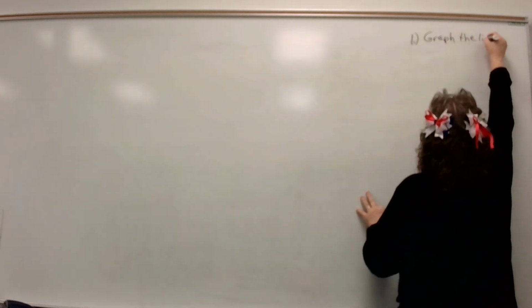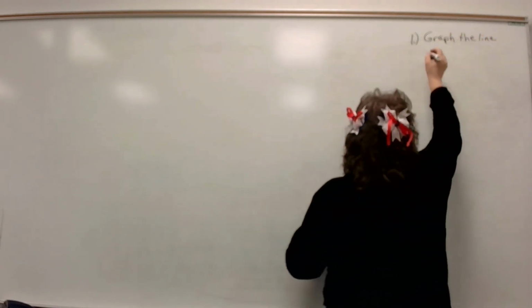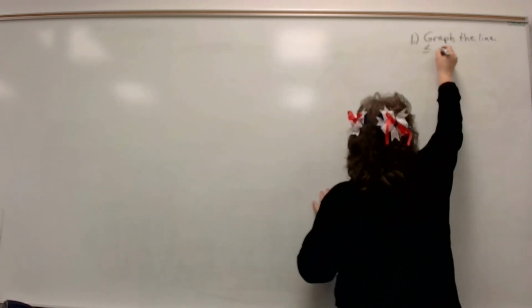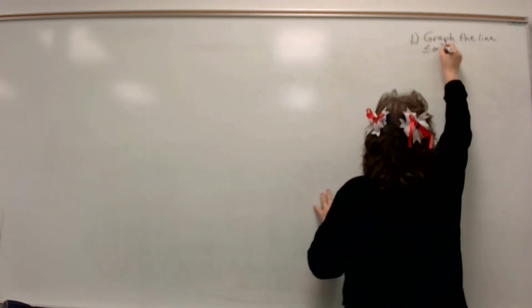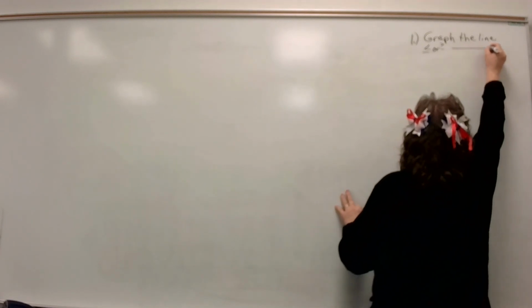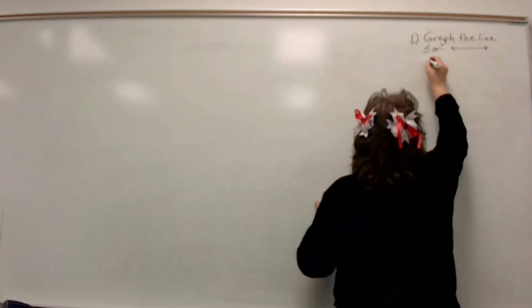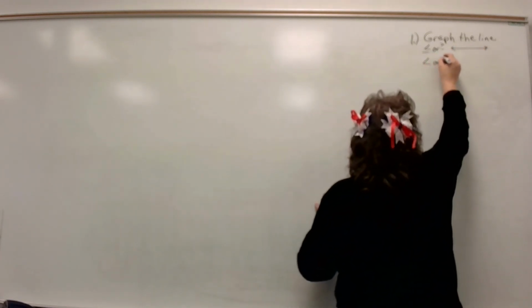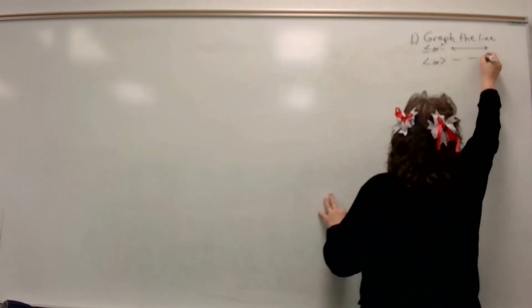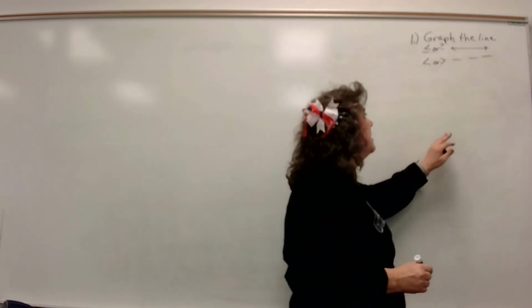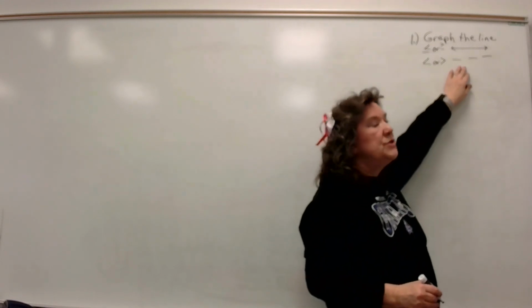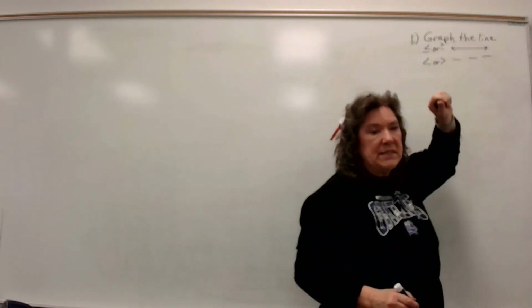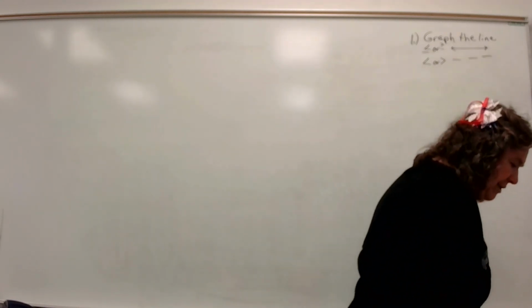And there are certain things to remember. If your line is less than or equal or greater than or equal, the line is going to be solid. If it is less than or greater than, your line is a dashed line. This means it is not included in the solution.